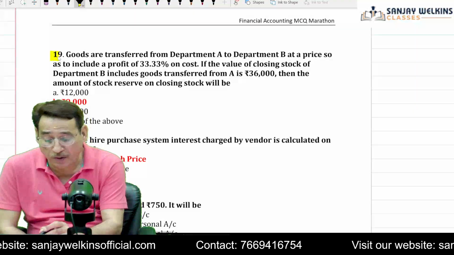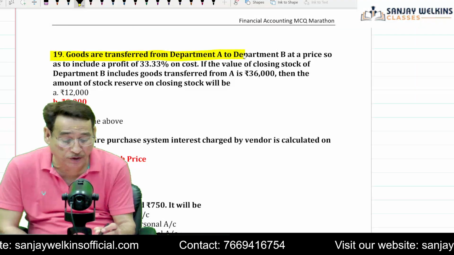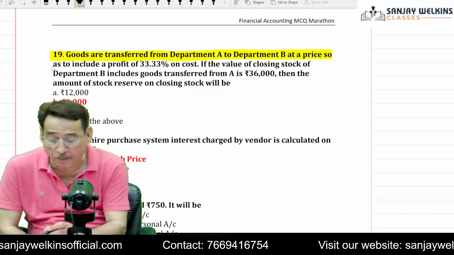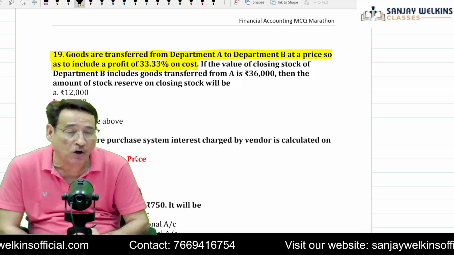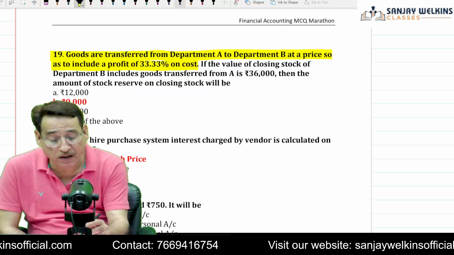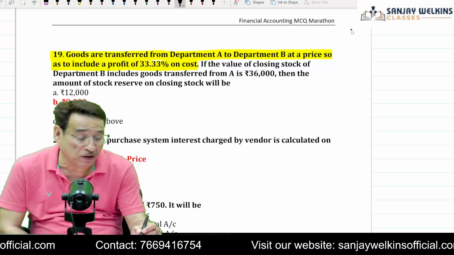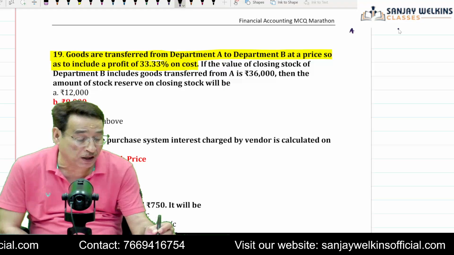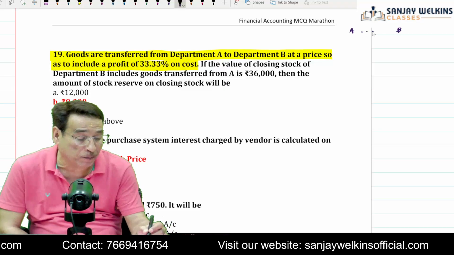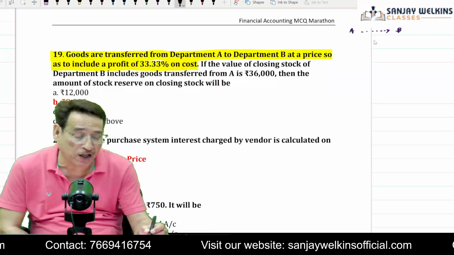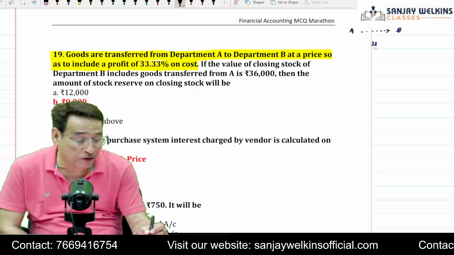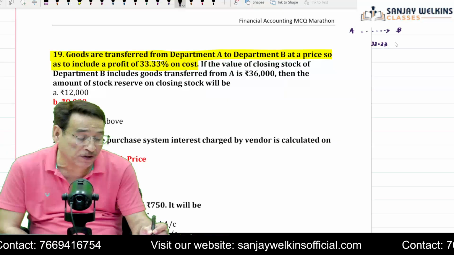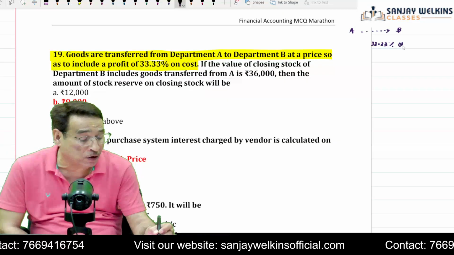Now, in question number 19, it is given that goods are transferred from Department A to Department B at a price so as to include a profit of 33 1/3% on cost. So there is a Department A, and this Department A transfers goods to Department B, and when it transfers the goods, it includes a profit of 33 1/3% on cost.